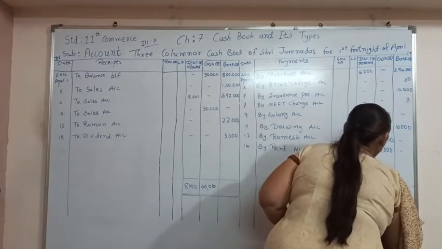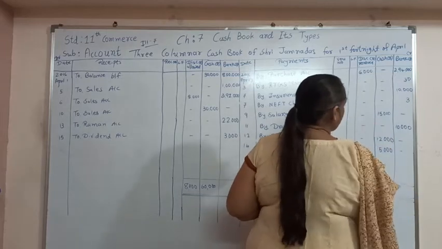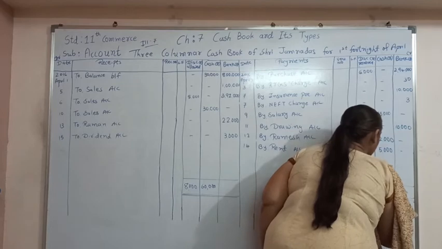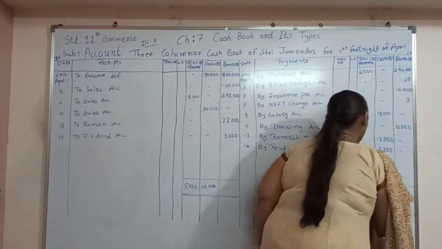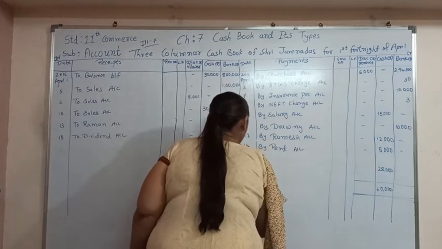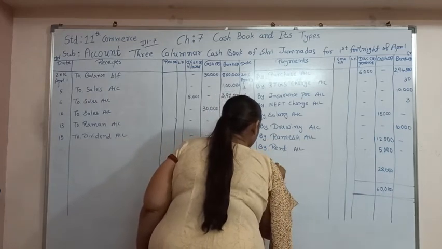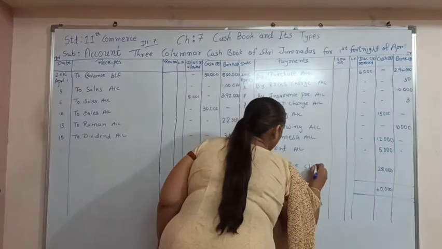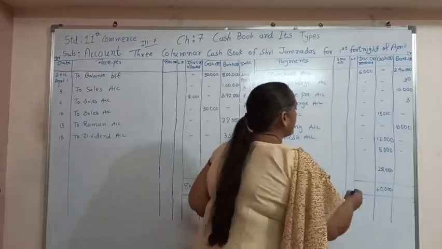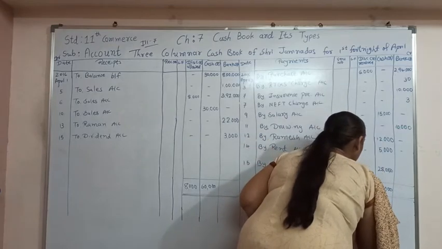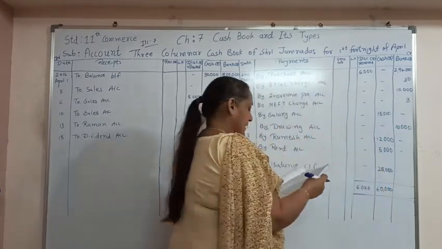From 60,000 we deduct 15,000, 12,000 and 5,000, so the balance will be 28,000. Here we write on 15, by balance carried forward, and we make the total of discount received, that is 6,000.